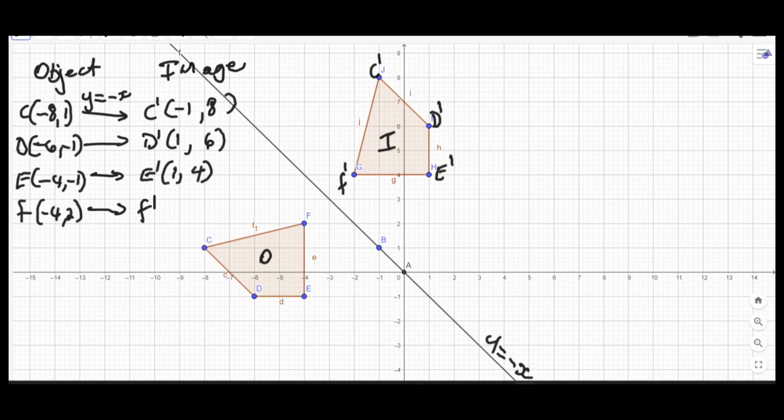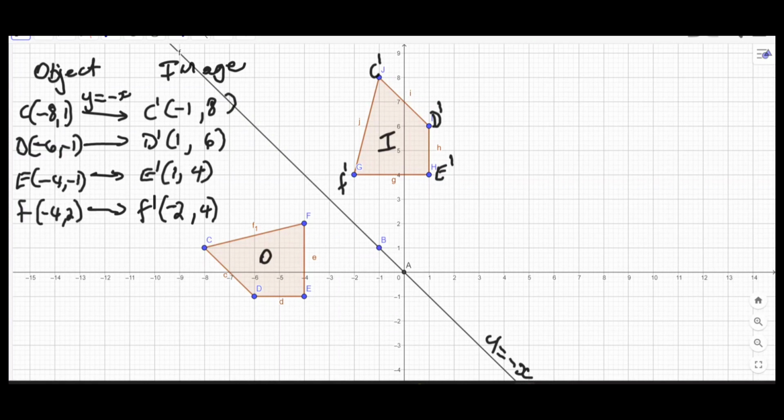And F prime becomes -2, +4. What we want to do is observe the points quickly. So y is equal to -x. If you take a quick look, you would have noticed that the points actually switch. So the x becomes the y and the y becomes the x, and then the sign of all the numbers would have changed.